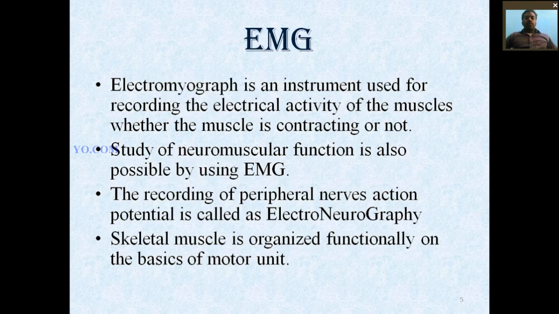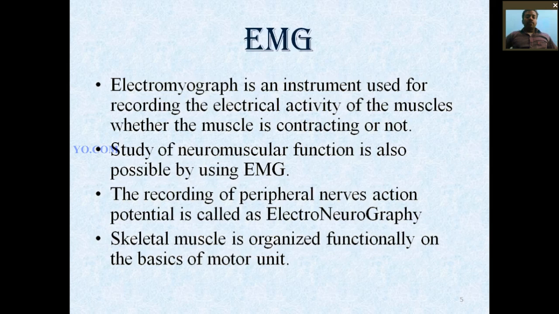So what is the electrical activity of muscles? It is how muscles conduct the electrical signal. If the muscle has any break or tear, it cannot conduct the electrical signal from one point to another. So by measuring EMG, we can understand how muscles conduct electrical activity.